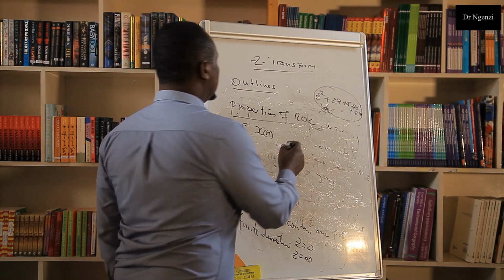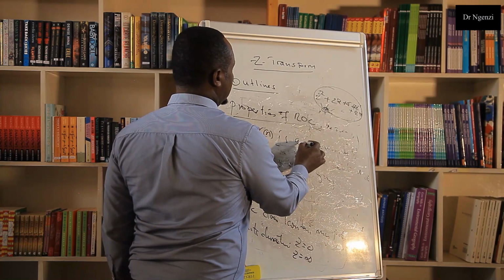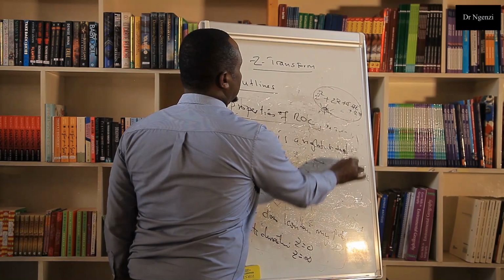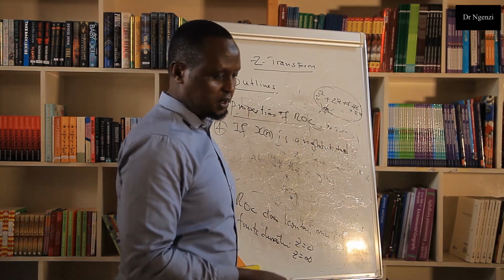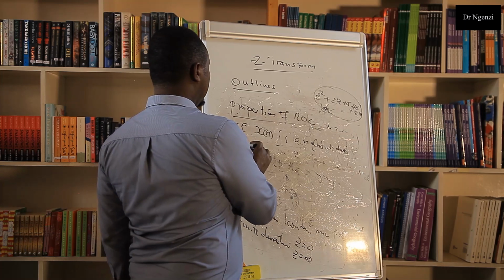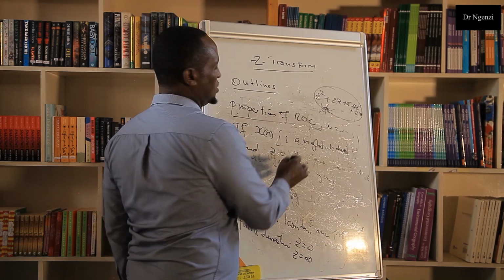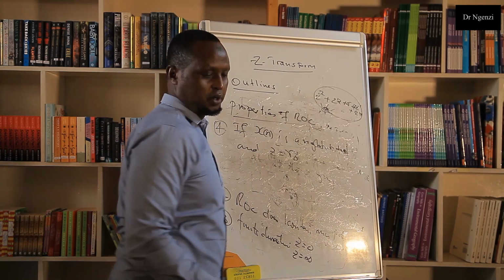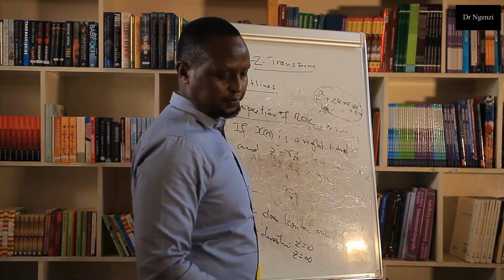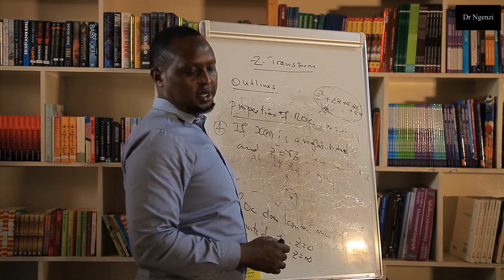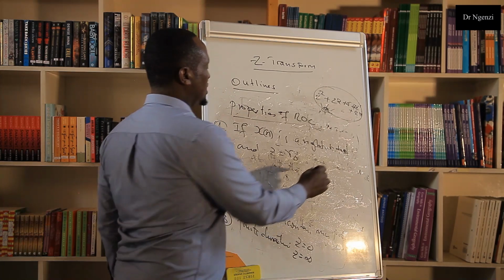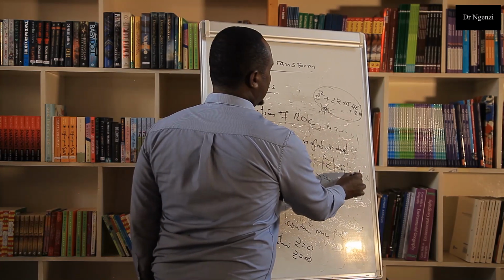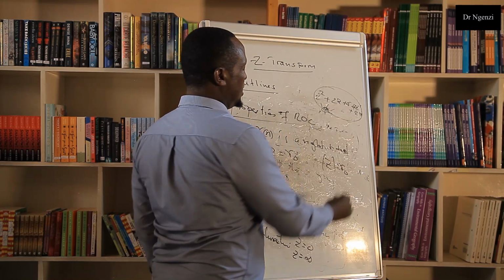If x is a right-sided sequence, then the region of convergence consists of all values of z with modulus greater than r, where r is the magnitude.